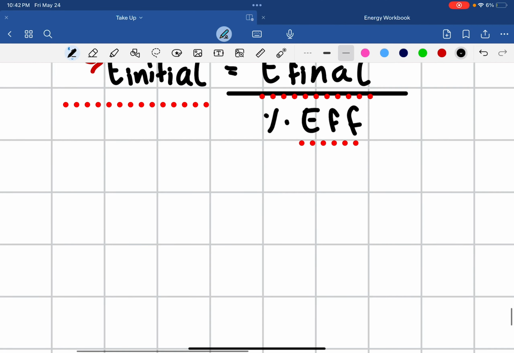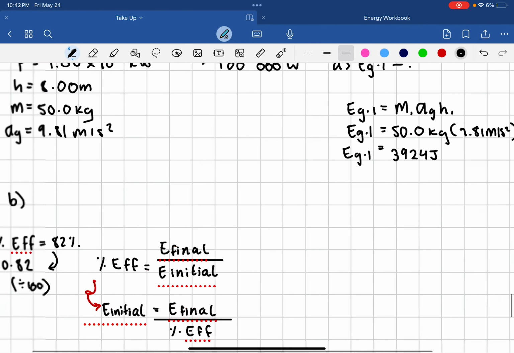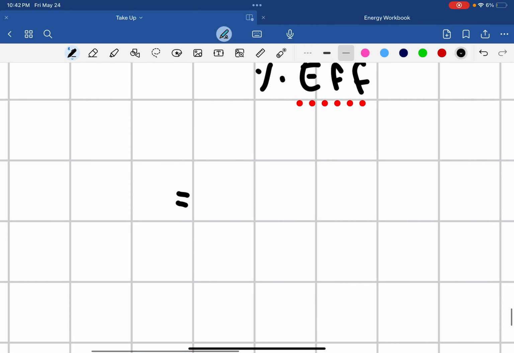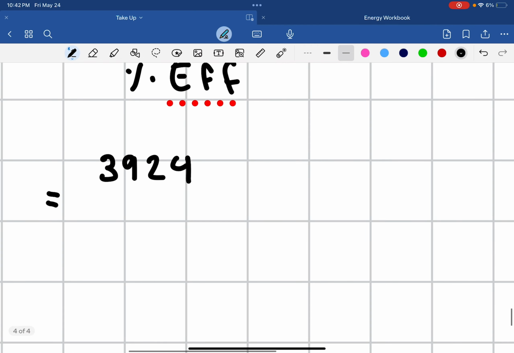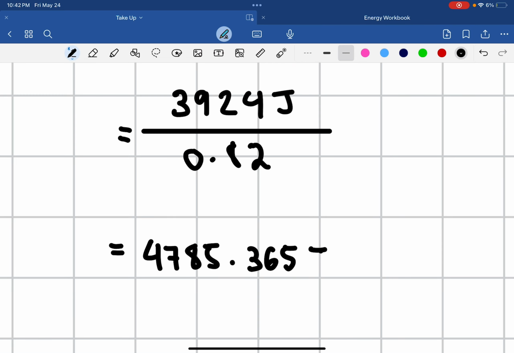So that means we're going to take this number up here, gravitational potential energy, 3,924 joules over 0.82. And that number should be approximately 4,785.365 joules.